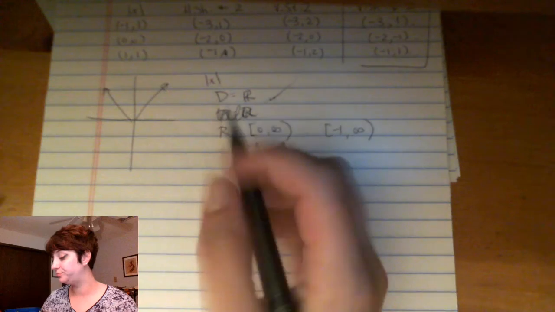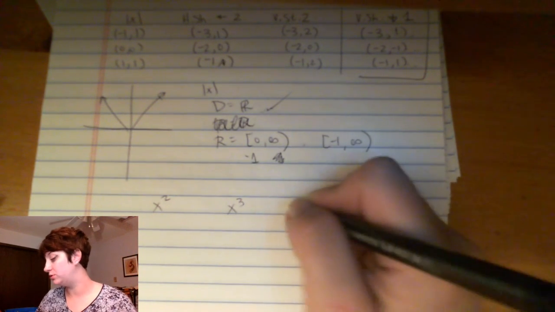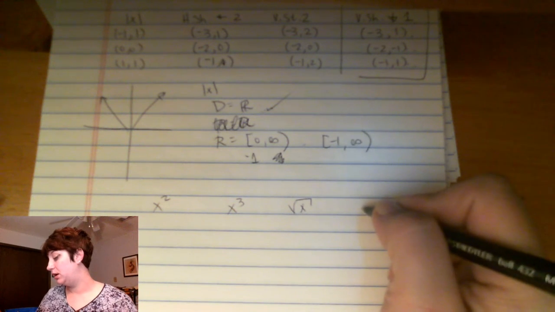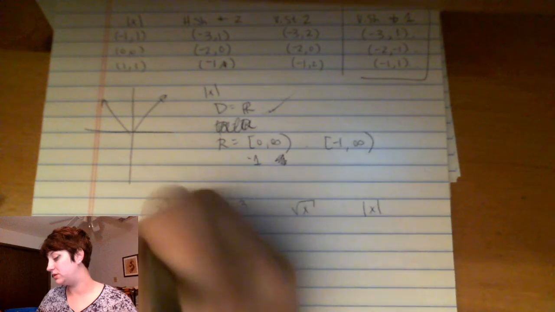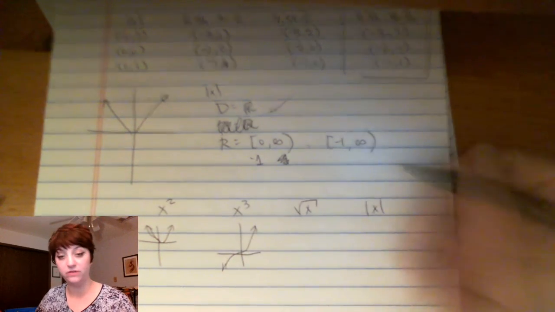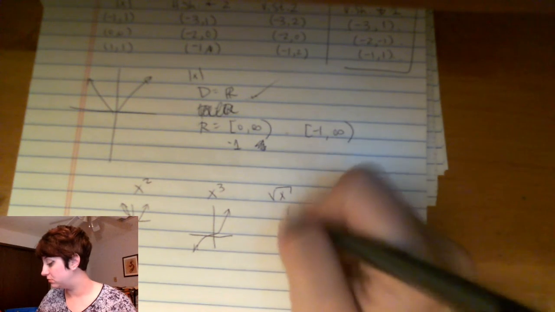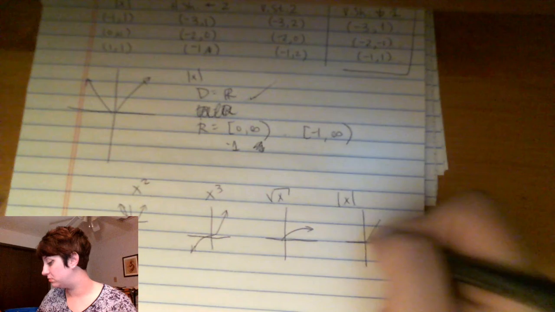Now, the 4 functions actually were x squared, x cubed, root x, and absolute x. So this is super sloppy. This is just like extra stuff I thought of while we were doing a problem.